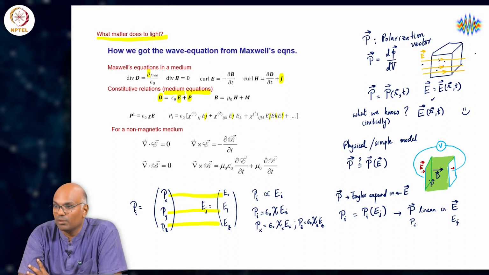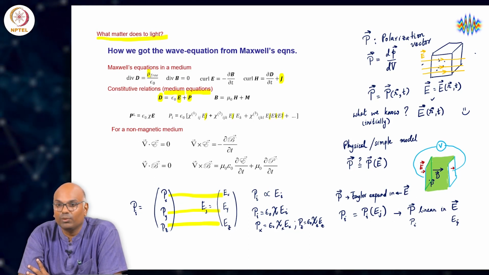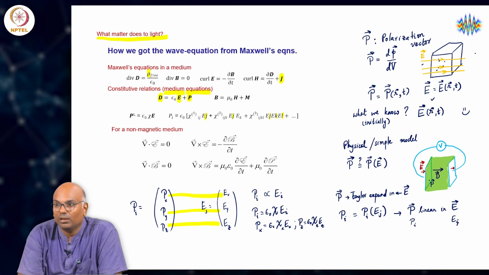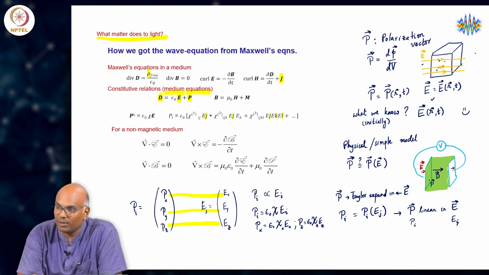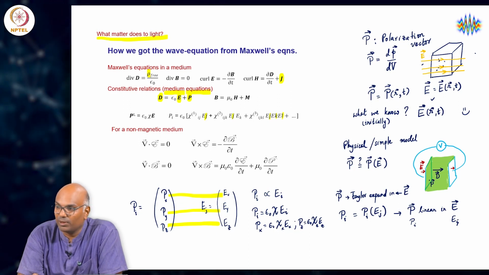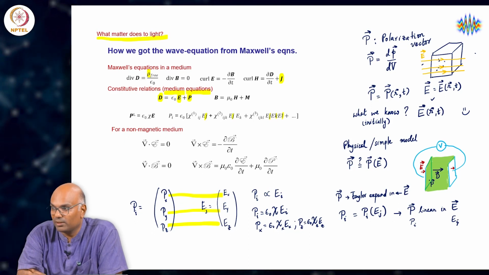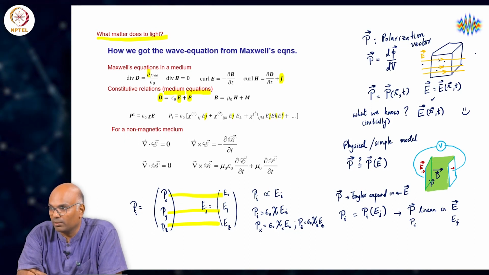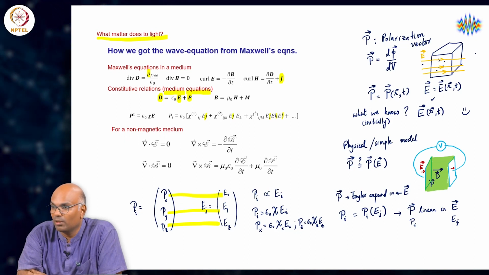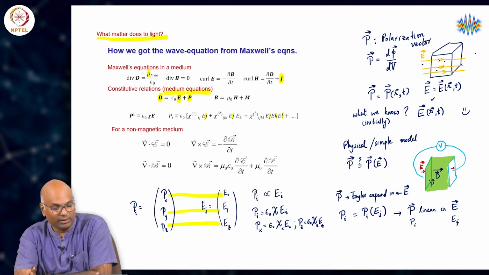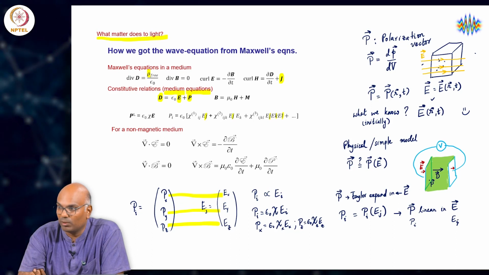So, in the most general scenario, preserving linearity would have been to have Px being related to Ex, Py being related to Ey, and Pz being related to Ez through a set of 3 numbers, chi x, chi y, chi z, chi 1, chi 2, chi 3. We could well have had this scenario, but in the most simple case, chi x, chi y, chi z are all three of them equal.